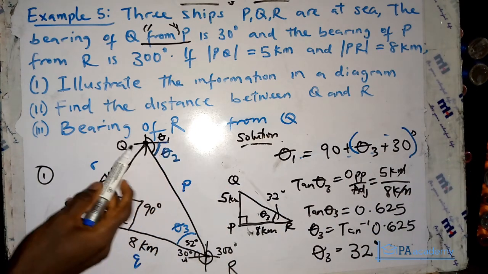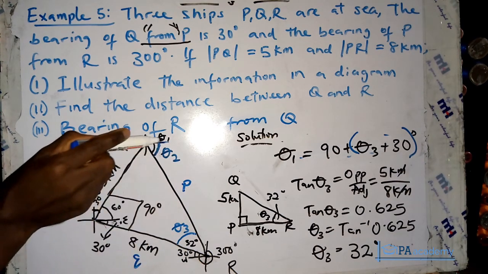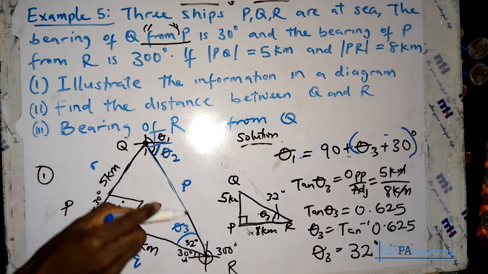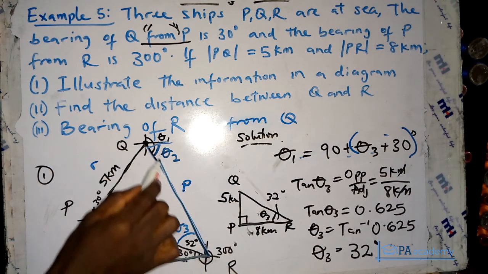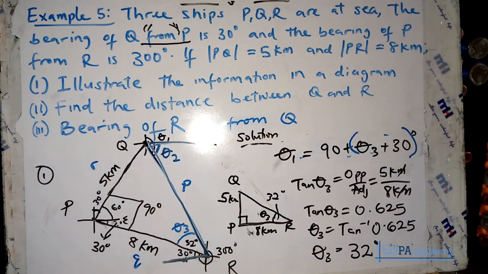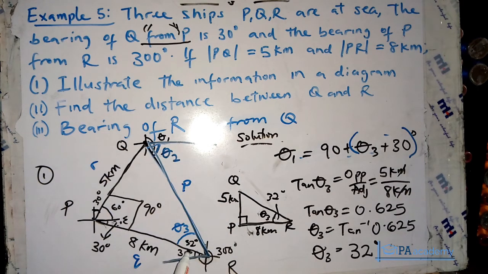It forms a Z angle. The angle comes like this, straight down to this point R, straight to the west. Theta 2 is forming a Z angle with theta 3 and 30 degrees.